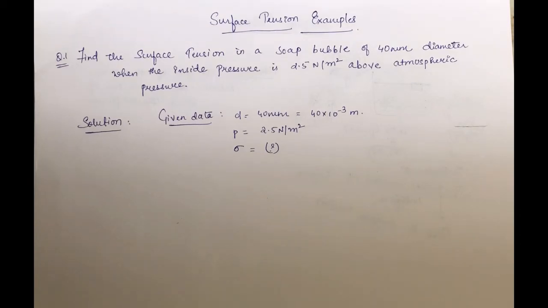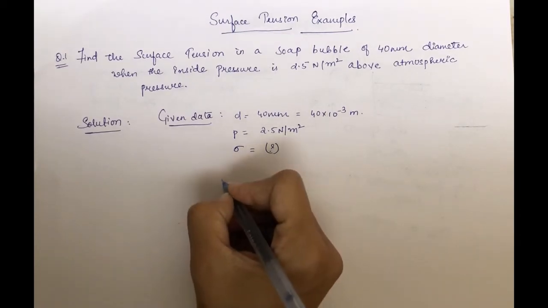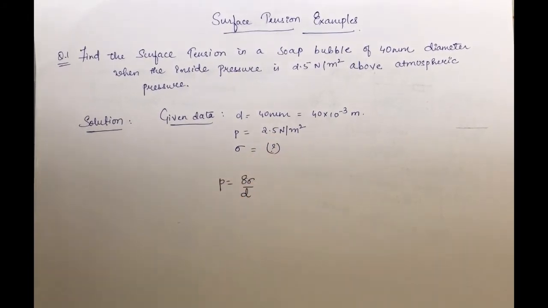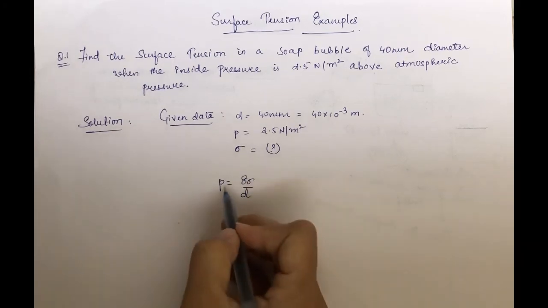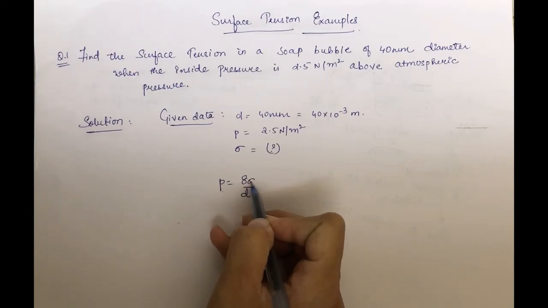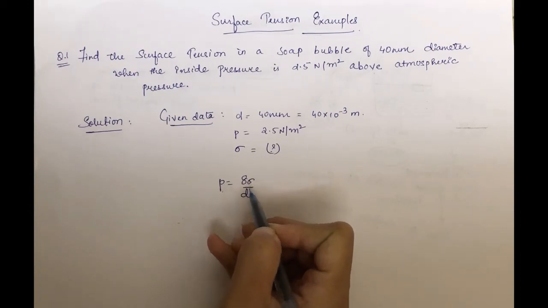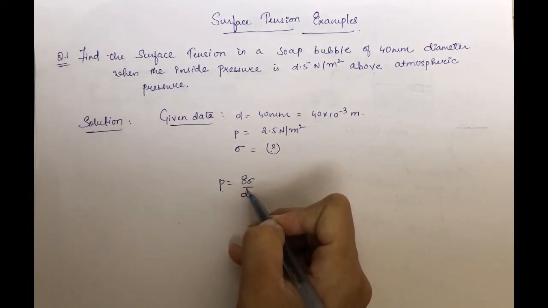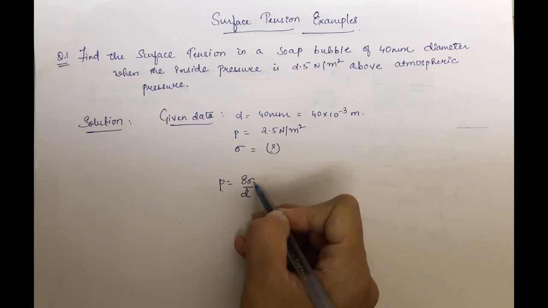We will write down the formula, which is P is equal to 8 sigma by D. Here we are given the pressure intensity P, we are given the diameter of the soap bubble which is 40 mm, and we need to calculate the value of surface tension, which is sigma.